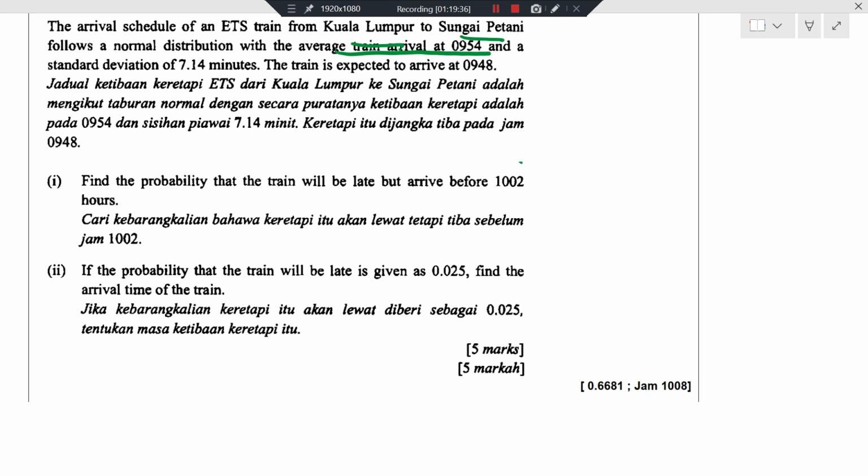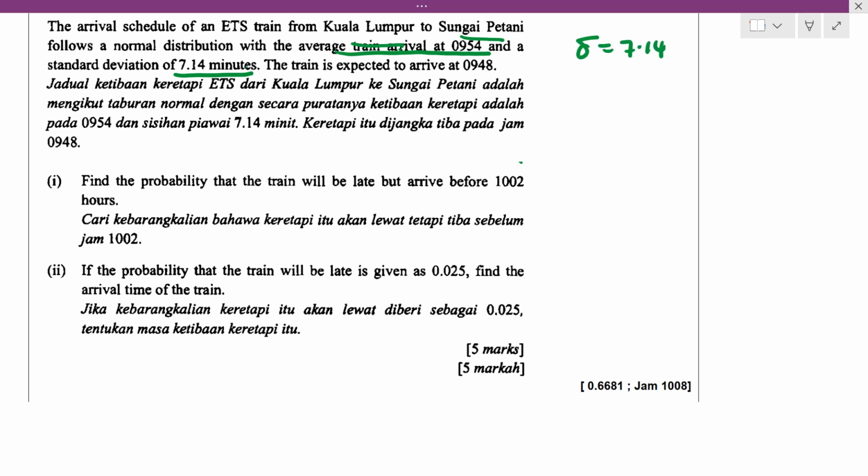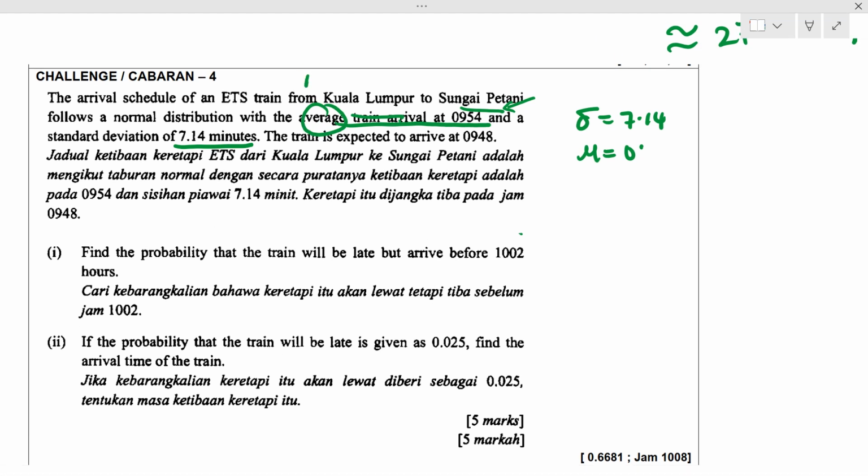And a standard deviation of 7.14 minutes. We know this one is 7.14 minutes. It is in the form of minutes, but this one is in the form of time. Average means mean. Average is another word for mean.